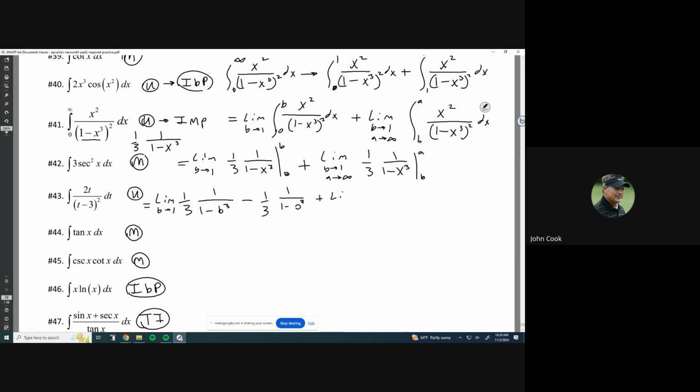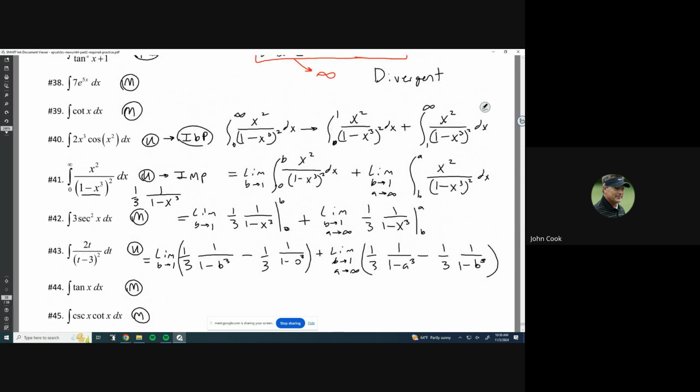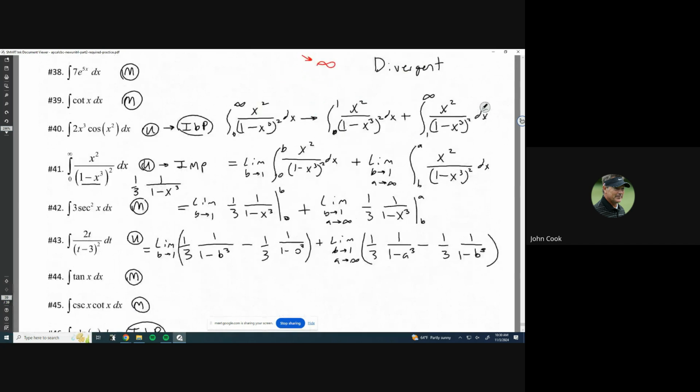Plus limit as b goes to 1 and a goes to infinity of 1/3 1 over 1 minus a to the third minus 1/3 1 over 1 minus b to the third. Okay, let's put parentheses around that. Did I forget to put parentheses around the last limit that I did too? Oh, I guess I didn't have to for that one because it wasn't split.